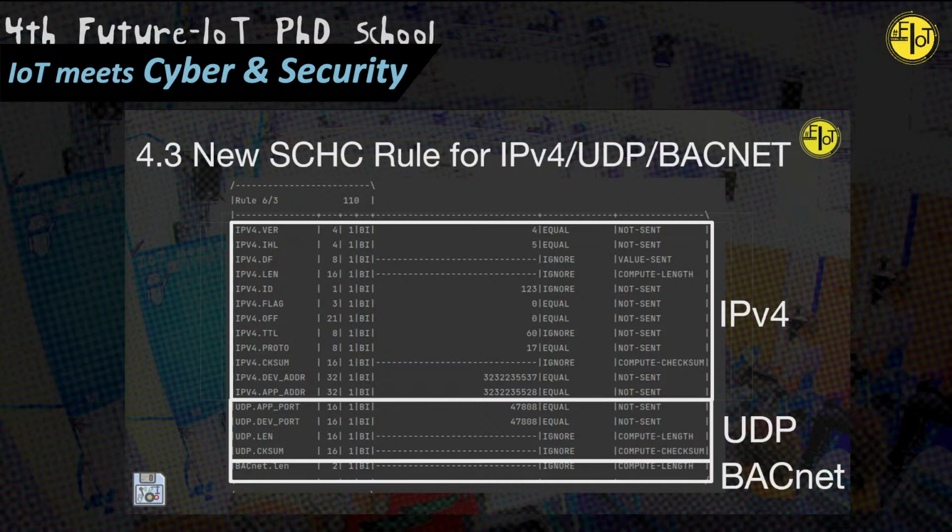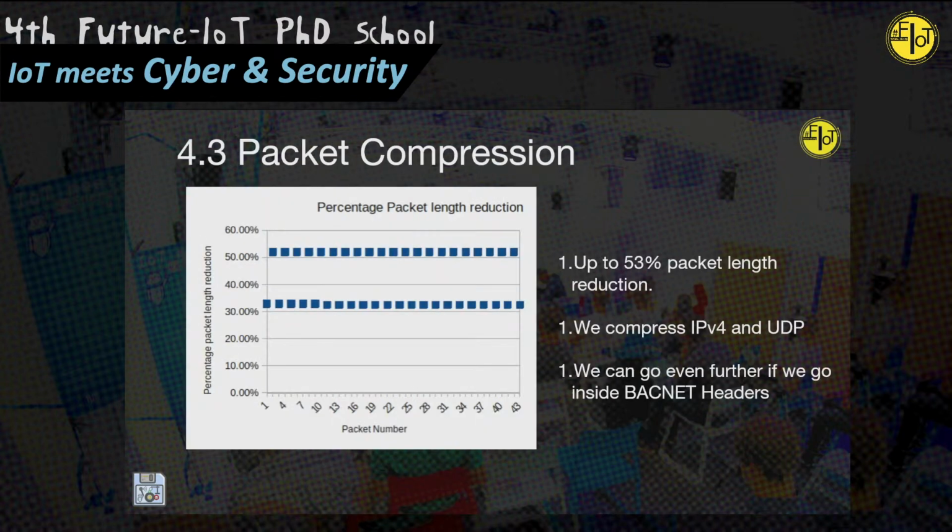In our case, to build the IPv4 rule with UDP, we didn't have too much time to build all the code for all the rules, so we only did it for IPv4. For BACnet, we are able to build the headers and get them in the code, but not to build all the rules for the compression.